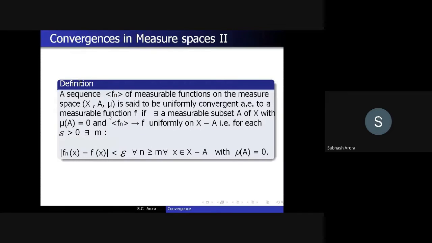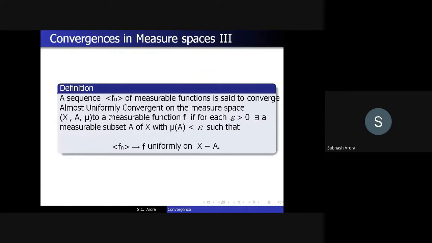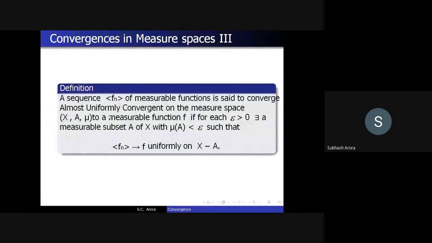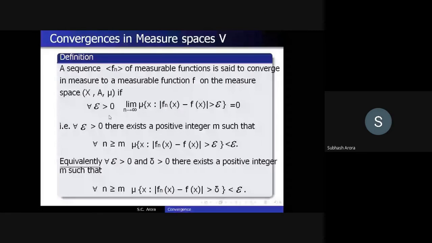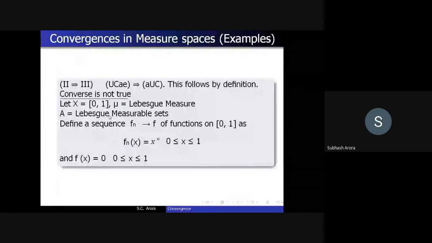And almost uniform convergence means that for each epsilon greater than 0, Fn converges to F uniformly on the rest of it. This follows by definition, because there mu of A is equal to 0, so for each epsilon greater than 0, mu of A would be less than epsilon always. Therefore second implies third is immediate.